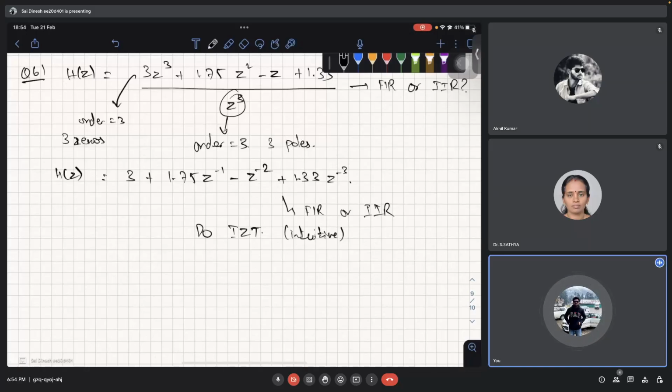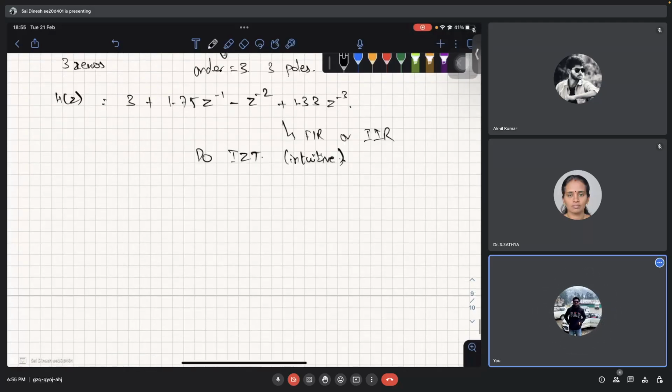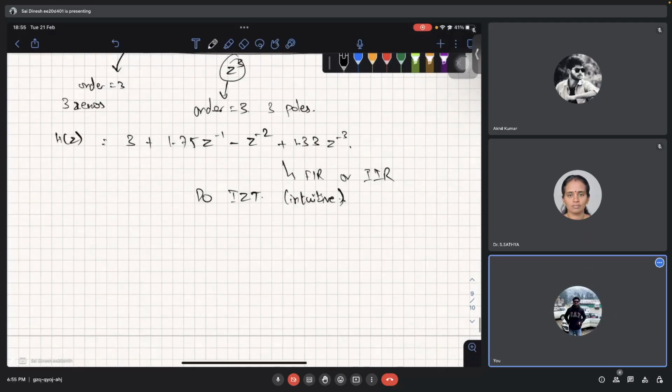This is intuitive. So this is what we need to find: is it an IIR or an FIR filter? Any questions? Can someone answer for me, please?